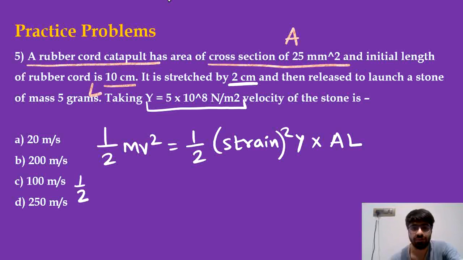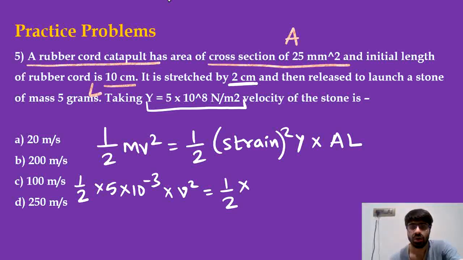Let's begin with the substitution of the terms. So we will have half. M is mass of the stone, which has been given to us as 5 grams. We can't write the mass in grams. We need to write it in kg because kg is the standard unit. So 5 grams would be 5 into 10 to the power minus 3 kg multiplied by v square, that is the velocity of the stone. That should be equal to half.